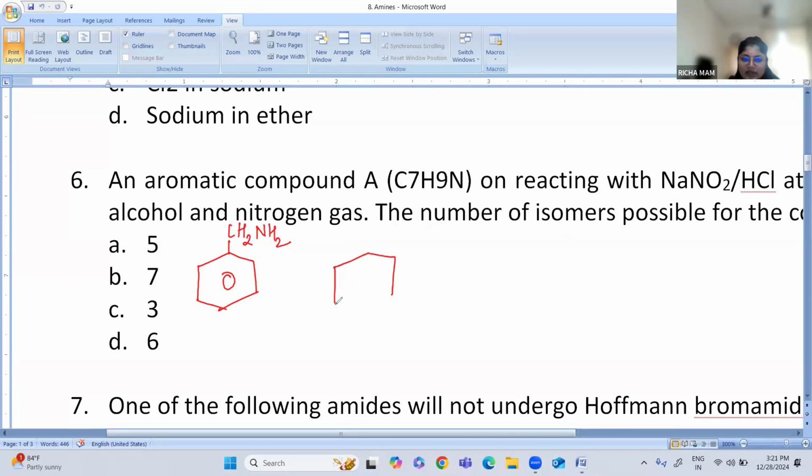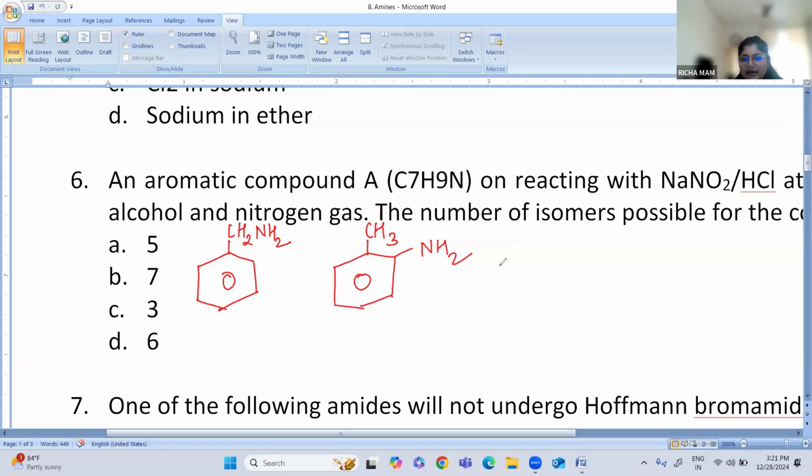Another can be CH3 and NH2 on the ring, 1, 2, 3, 4, 5, 6, 7, 8, 9. So this can be another isomer. This is ortho.